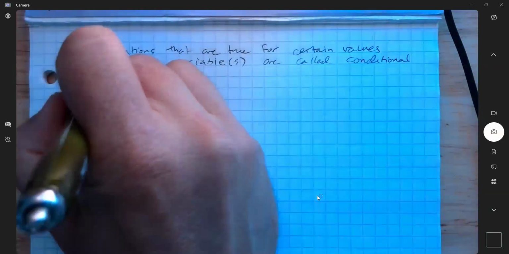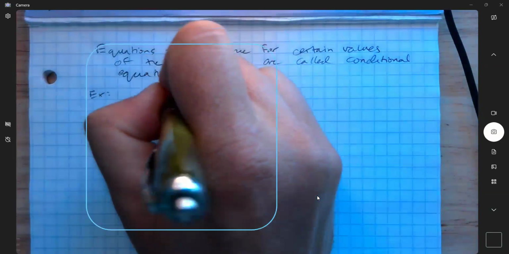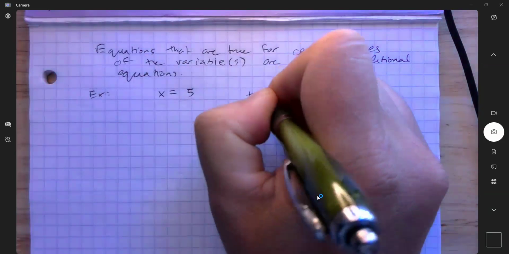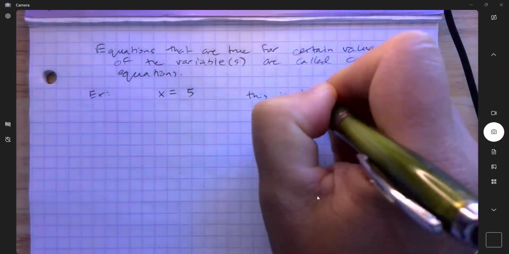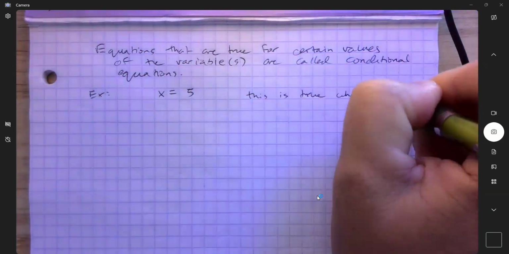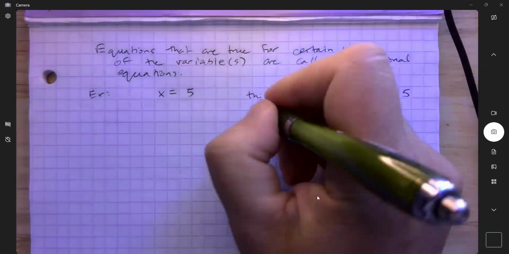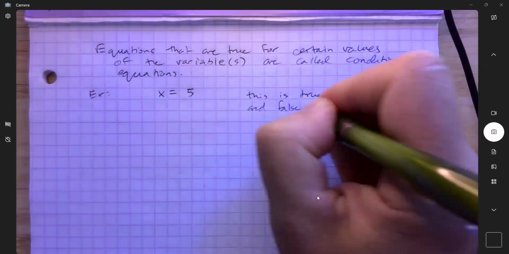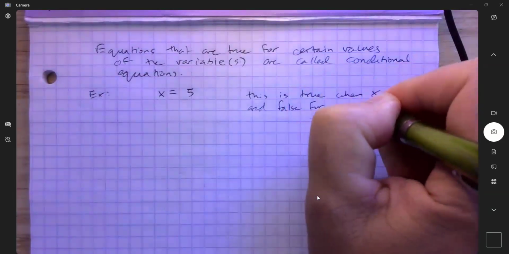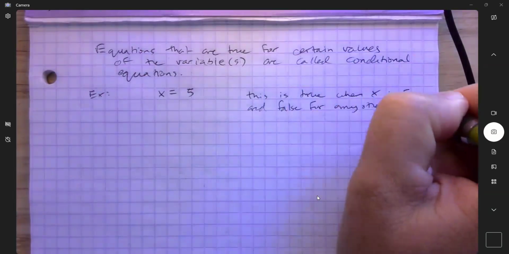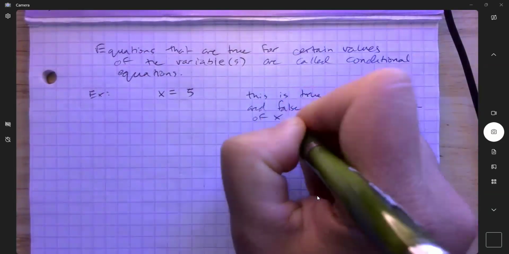The simplest conditional equation might be something like x equals 5. This is true when x is 5, because then it would be 5 is 5. And false for any other value of x.